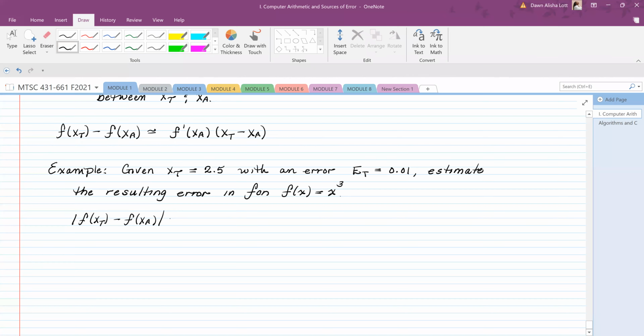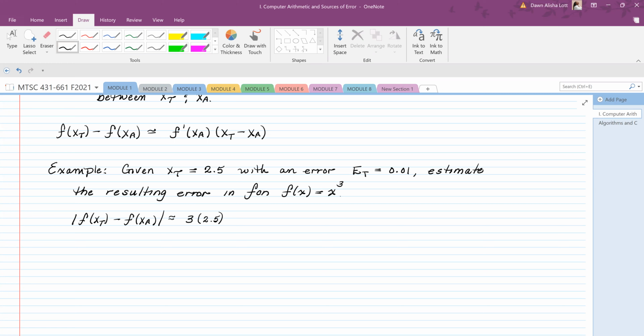That's going to be approximately 3 times 2.5... I have a mistake in here, and I have to figure out what it is.